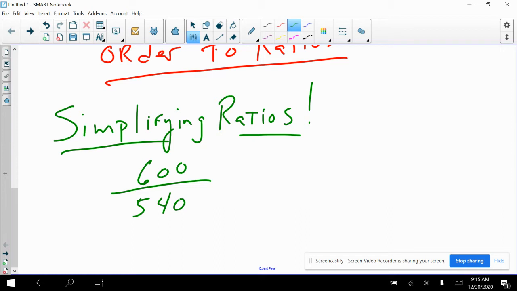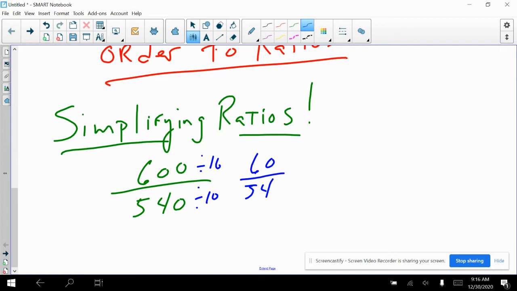Okay, so if you notice, maybe we can divide by 10 here, right? Because it ends in 0. So we would get 60 over 54. Okay, that's not in simplest form, right?